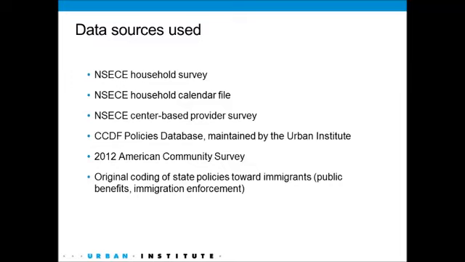We pulled in some state and county subsidy policies based on the CCDF policies database. We pulled in additional data from the American Community Survey, and we also tried adding in some other measures of state context for immigrants, state policies towards immigrants that some colleagues and I had pulled together for a different project. Our sample was all households with a child under age 5. So we weren't using the whole sample, but we had a fairly large sample to work with.